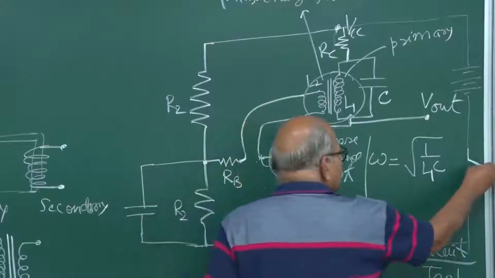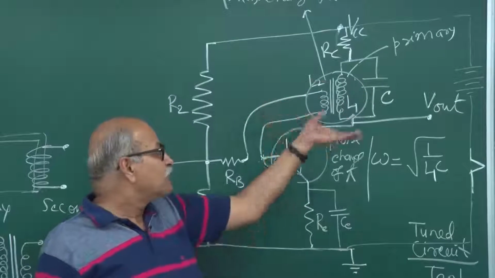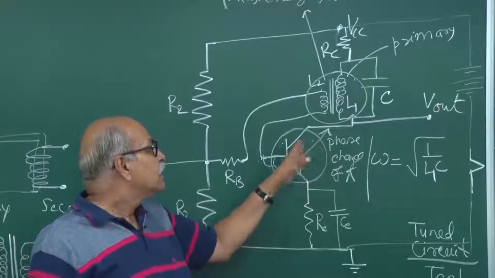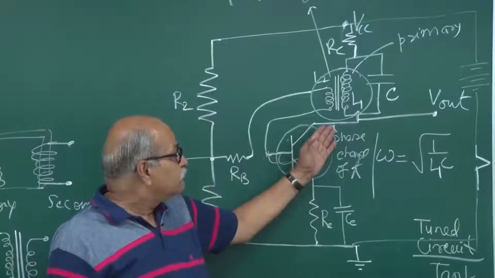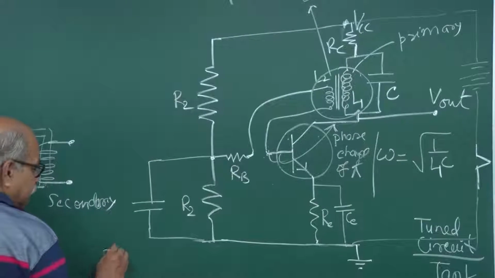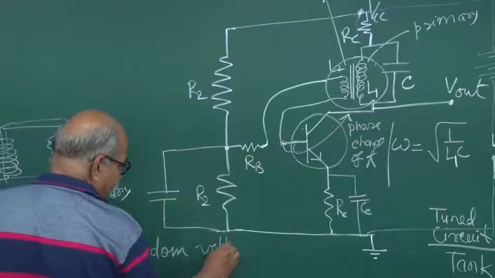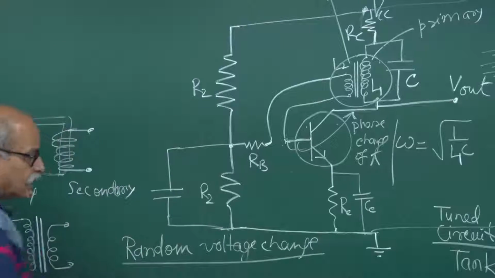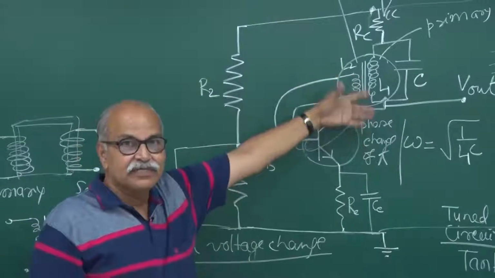So when you switch on the circuit for the first time, what will happen? Some current will flow. And if some current flows, then the transistor will go into its active mode, and something will be amplified, whatever, noise or that. But then when that reaches here, that noise or random voltage change, when you switch on, the current starts, and something is amplified, some voltage goes there.